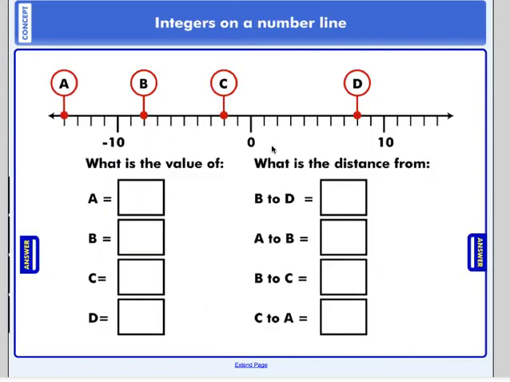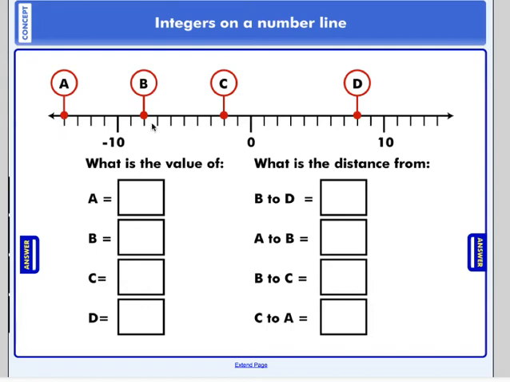Here's our number line, okay, and here's our 0. Up until now, you usually only looked at the number line going to the right. But we need to realize that that number line continues to the left as well, just as far. Okay, so let's take a look at letter A. It says, what is the value of A?